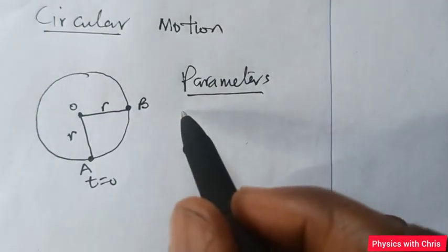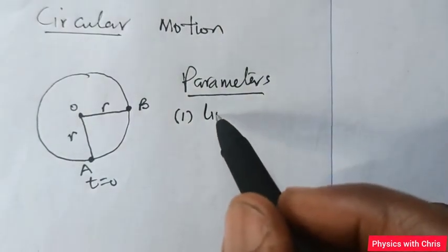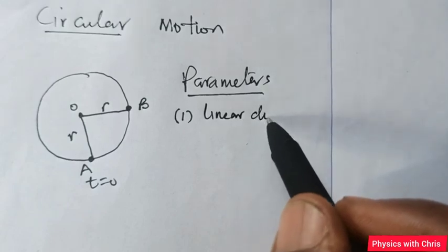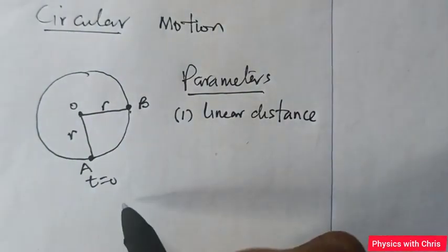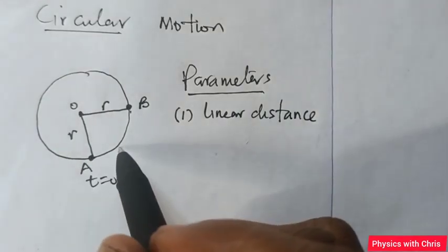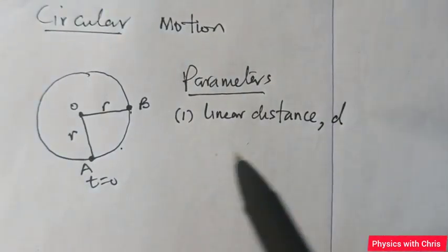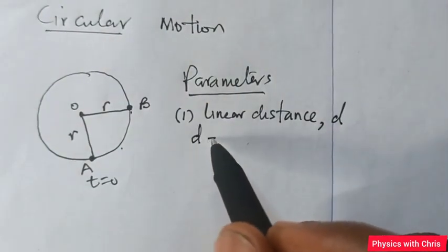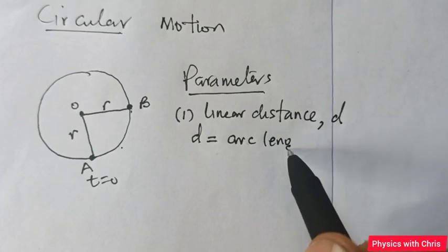Now, we shall be seeing from here, number one, the linear distance covered by this body in the course of moving from point A to point B. Let me call that D. That linear distance D is equal to the length of the arc. That is arc length.